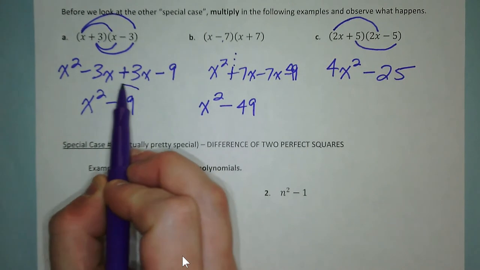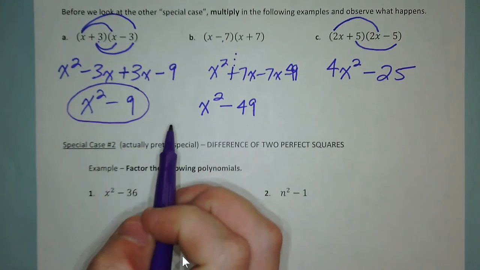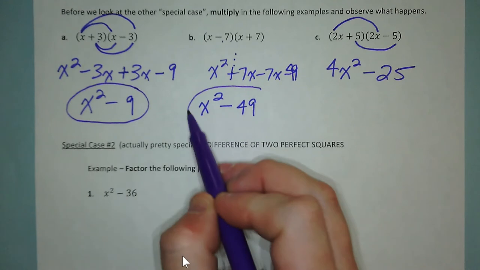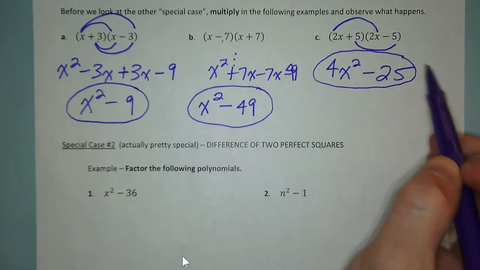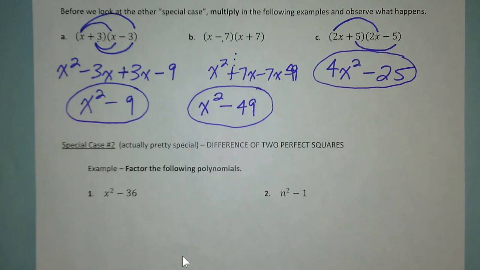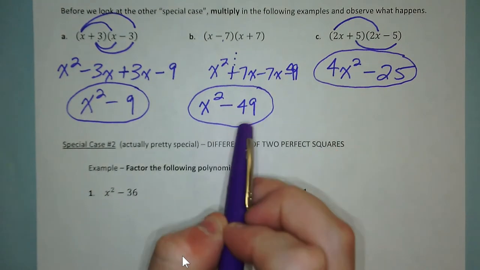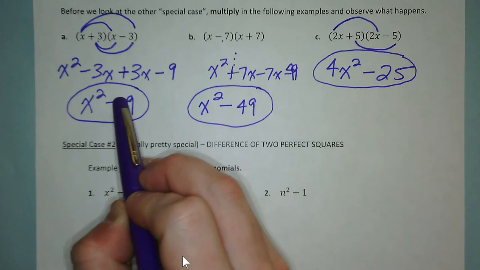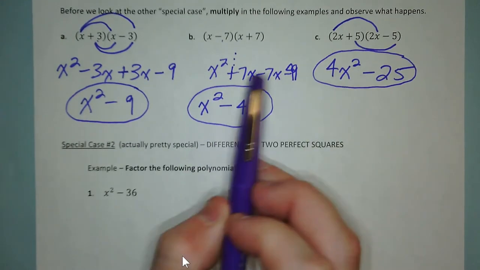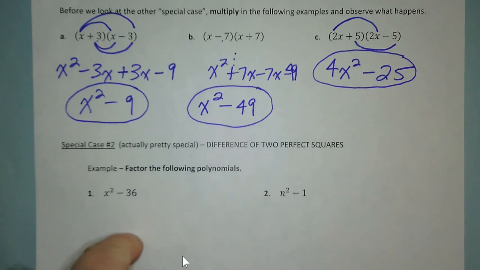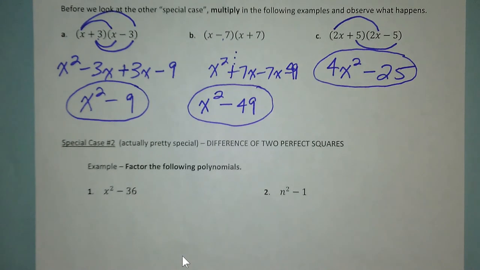When you see something like x squared minus 9, or x squared minus 49, or 4x squared minus 25, this is actually what I would call a special case, because you have to realize that this and even stuff like this can unfoil. See, here's the challenge.